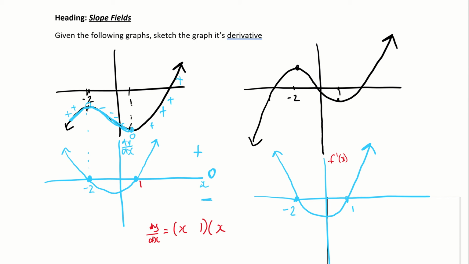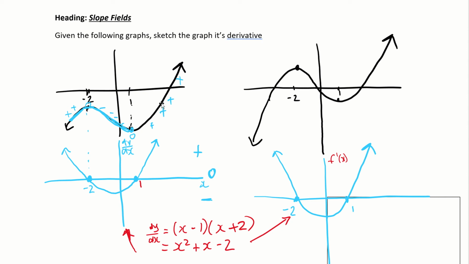So, okay, sorry, that makes that a -1 and a +2. So I can find the equation of that parabola by just expanding, and when you do that, you get this equation. So now I know the actual equation of these derivative graphs here is x squared plus x minus 2.